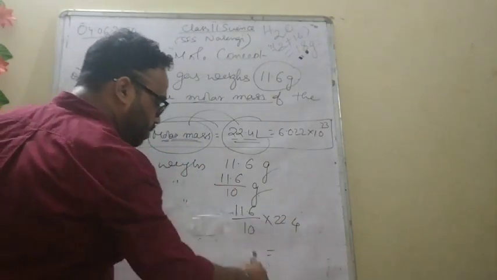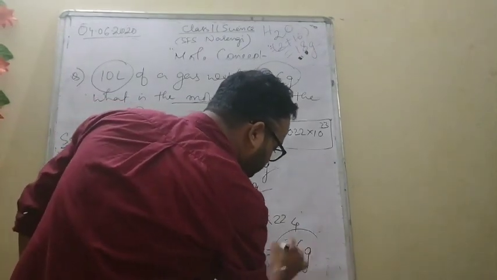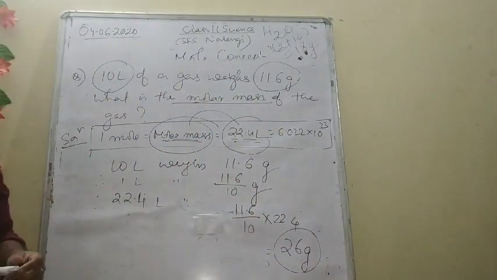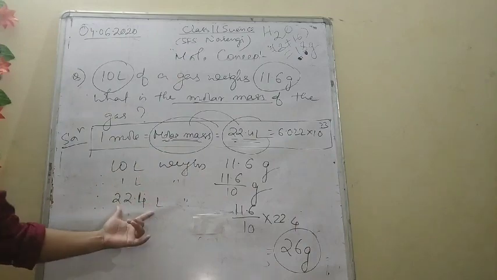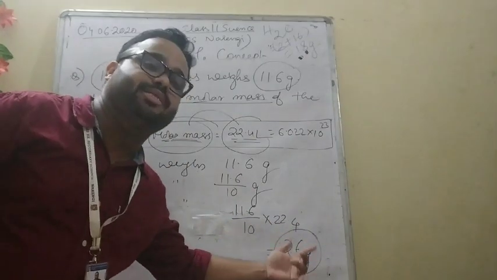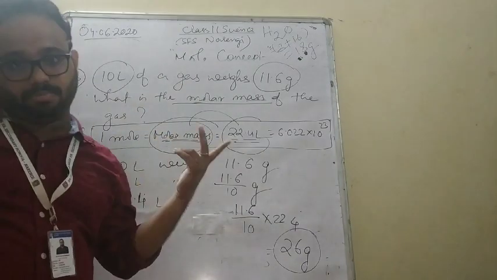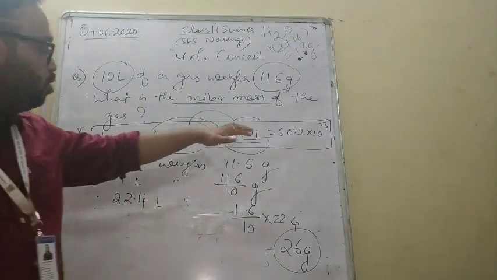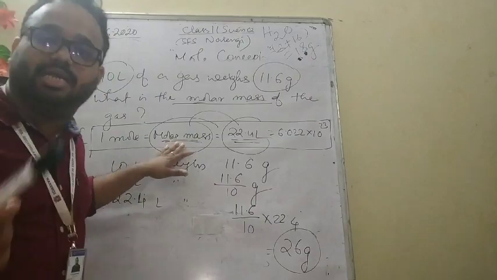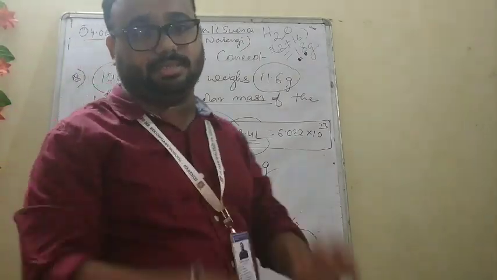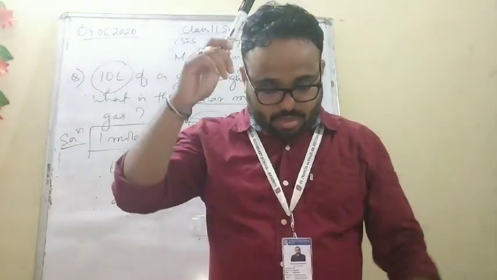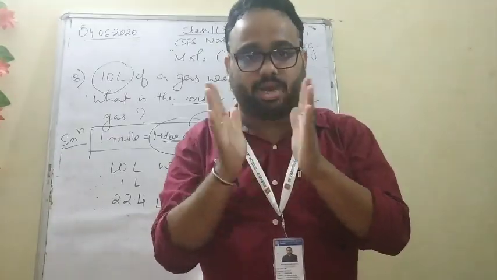So if you do the calculation, approximately the answer will come 26 gram. Which means 22.4 liter has how much mass? 26 gram. So यही molar mass होगा according to mole concept. क्योंकि we know that at 22.4 liter whatever mass is there is nothing but the molar mass. So this is mole concept.